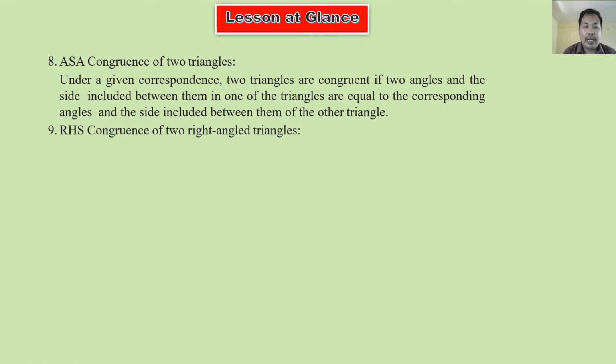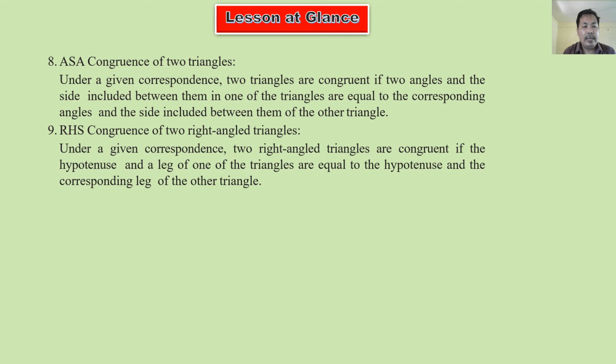And if you find that two right angle triangles are there and some corresponding elements are equal, like what are the corresponding sides or corresponding elements that will be equal in the right angle triangle. Let us see.